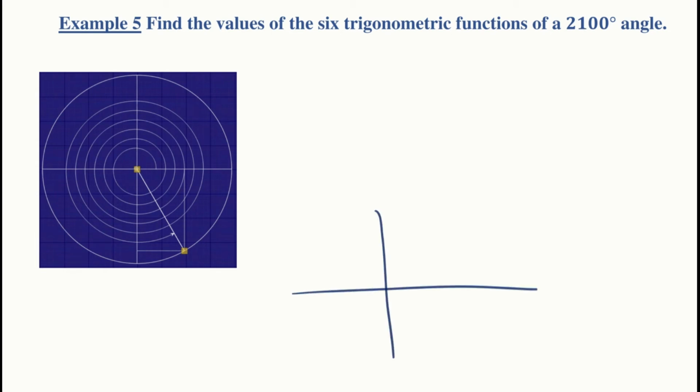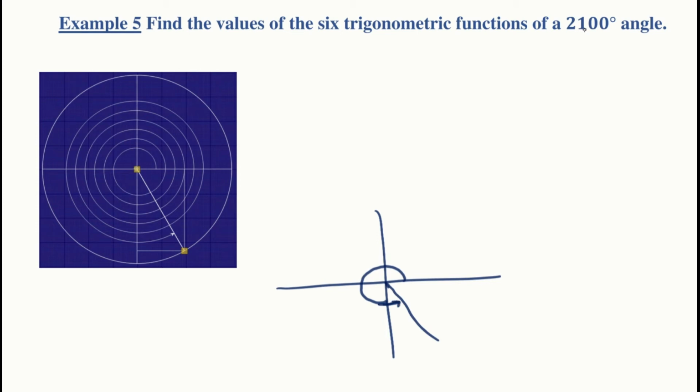So we'll go ahead and draw the situation. Now I know that if I start here and go here, I know that's 270. So for 300, I just need to go a little bit further to the right, somewhere around there.